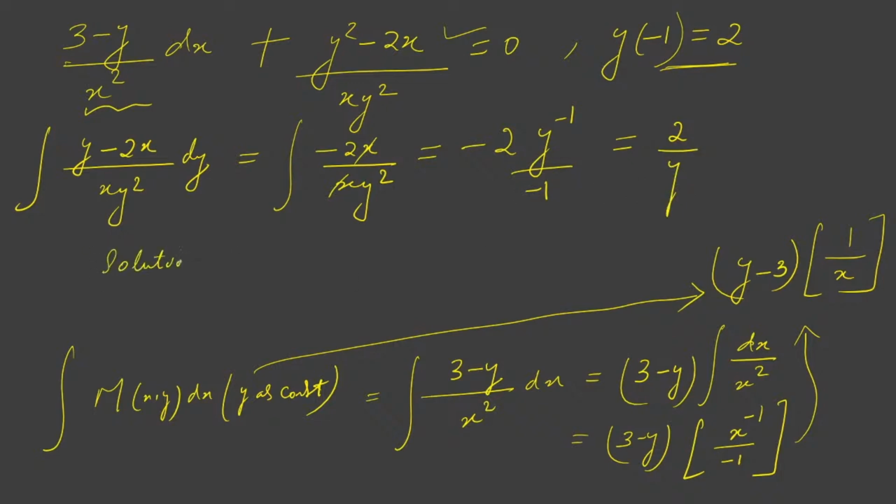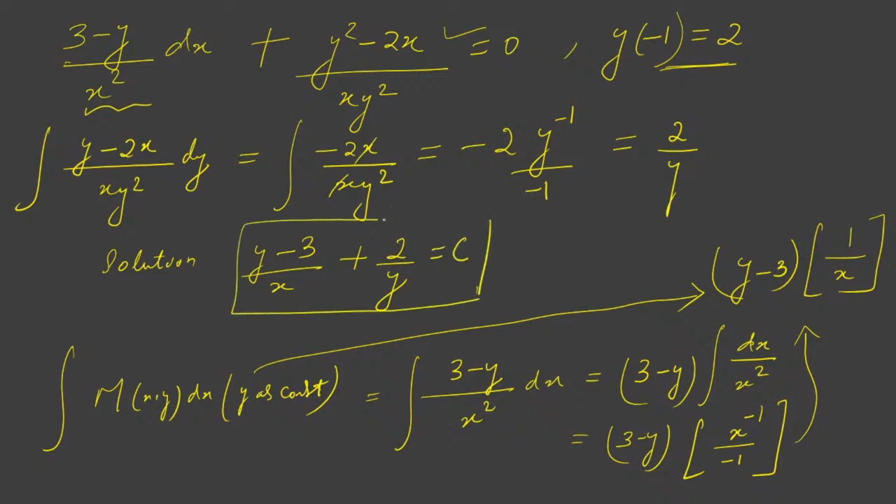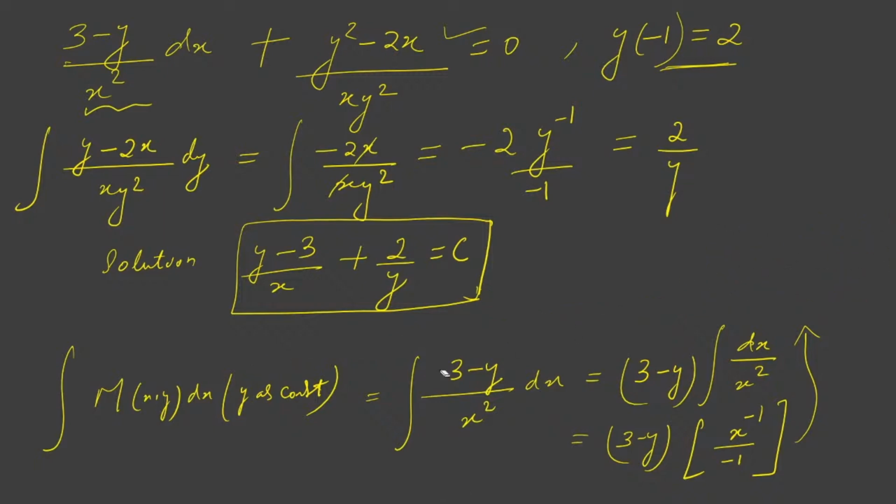So what is the solution? Solution will be y minus 3 divided by x plus 2 by y is equal to c. You have to add both the integration values and equate it to a constant c. So this is the solution.